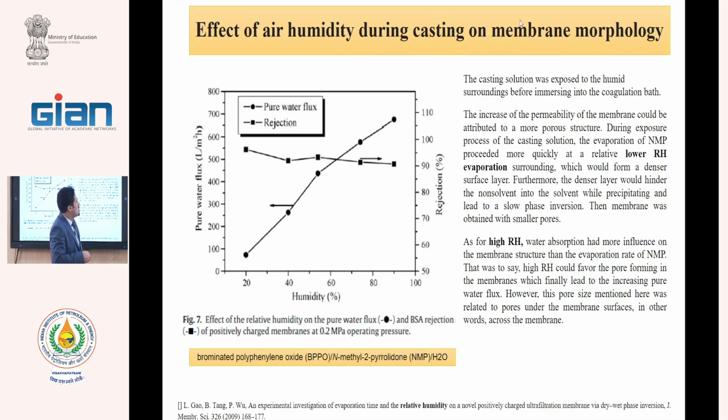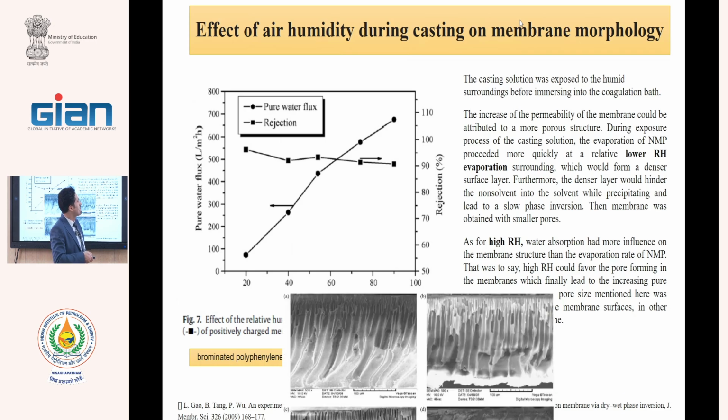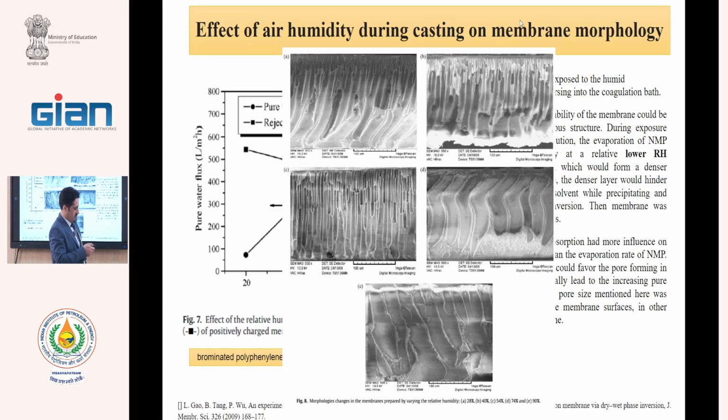You see that with increasing humidity, the flux increases and the rejection slowly decreases. In the SEM images of membranes made with high humidity, we see a very big pore size, but with medium humidity, we have a narrow pore size.